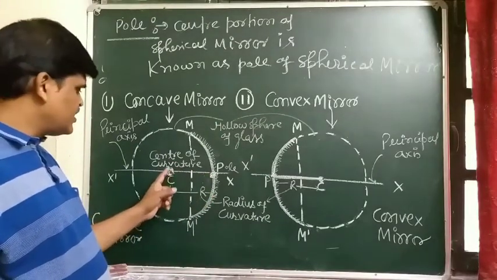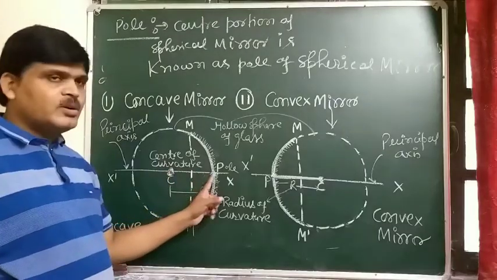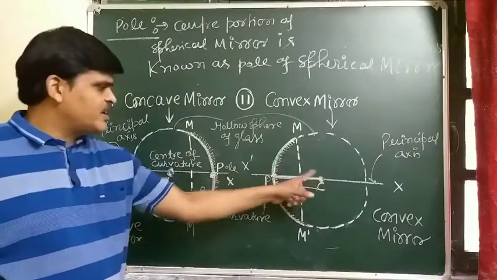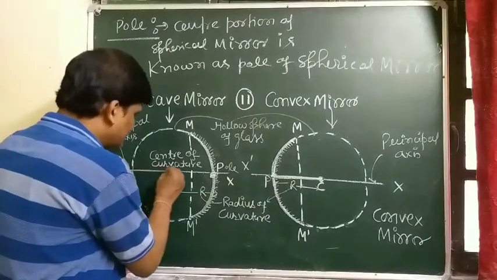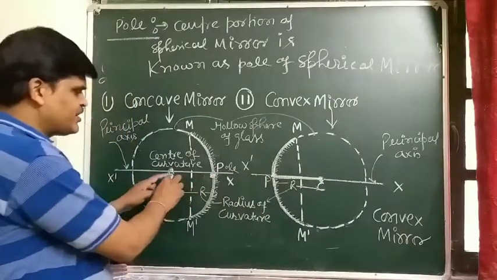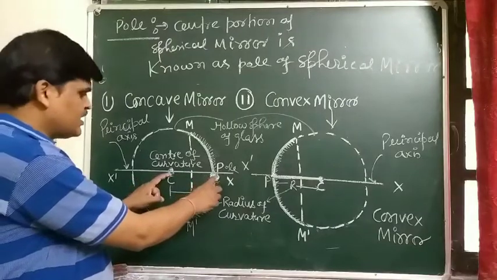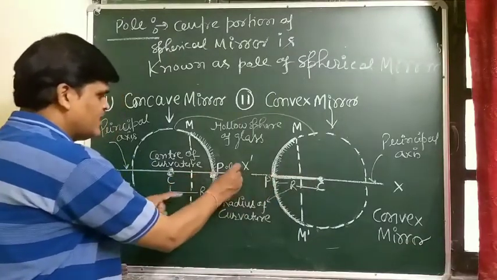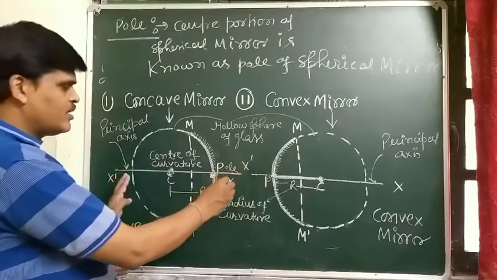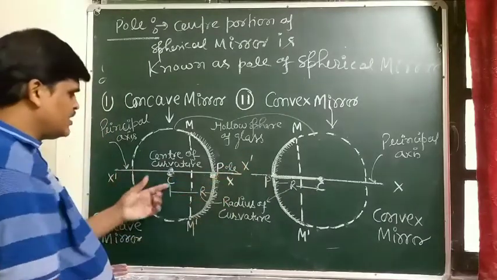A straight line passing from the center of curvature to the pole of the spherical mirror, produced in both directions.